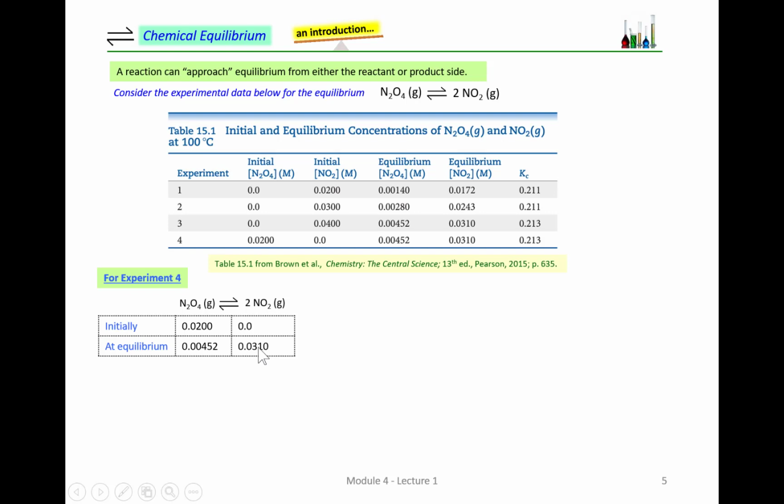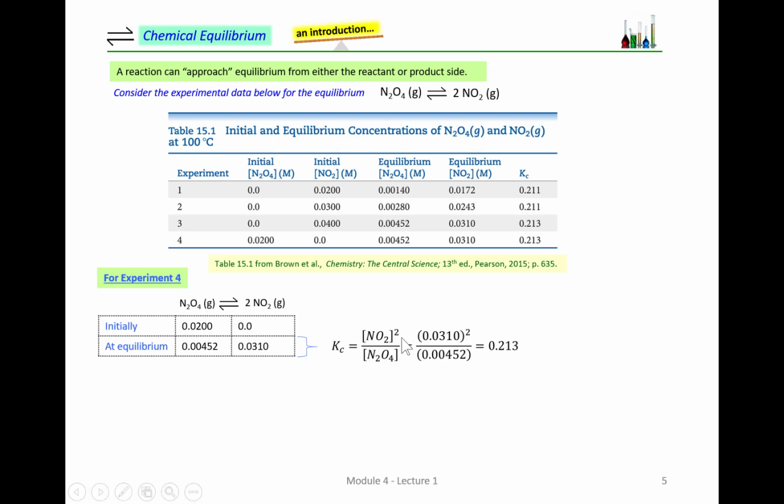And if we calculate the Kc value here, remember the Kc value is the ratio, the correct ratio of concentrations when the reaction has reached equilibrium. So we put in the equilibrium concentration of NO2, 0.0310, and square it because that's what the law of mass action tells us we need to do if we're writing this expression correctly.